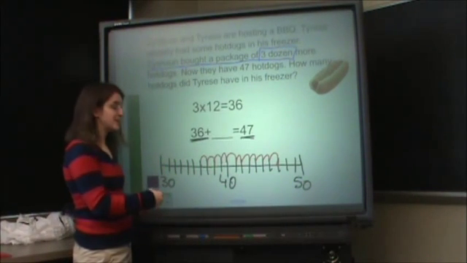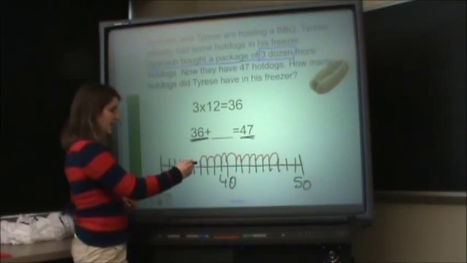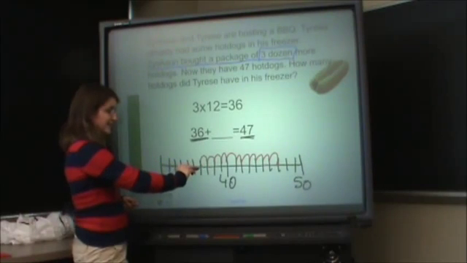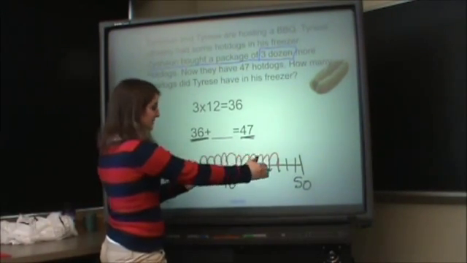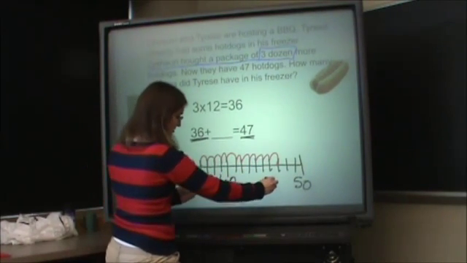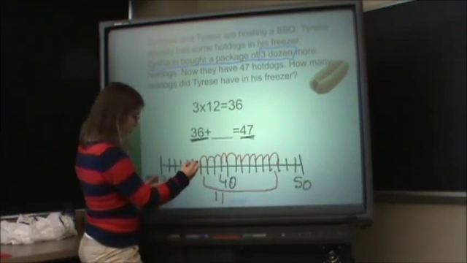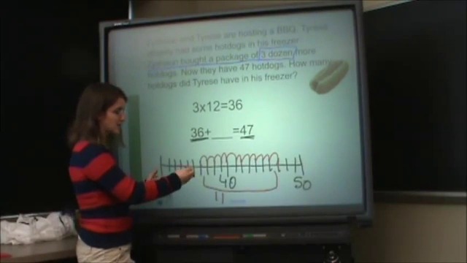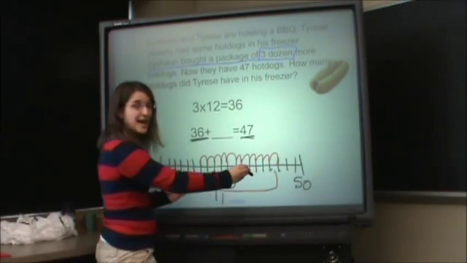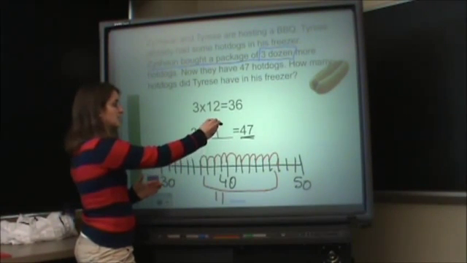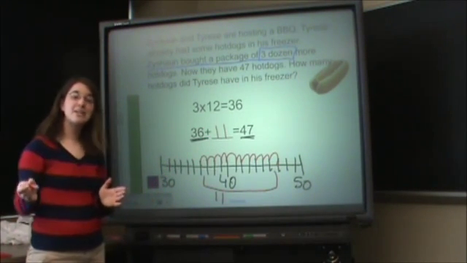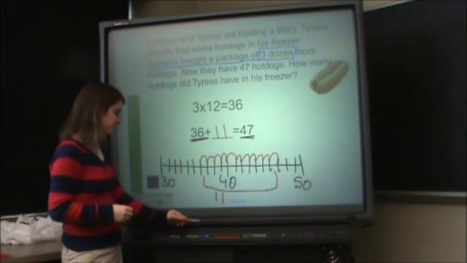So I jumped 11 spaces. That means that from 36 to 47, there's 11 in between. So I started with 36 hot dogs, and then I have to add 11 more to get to 47. So that tells me that Tyrese had 11 hot dogs in his freezer.